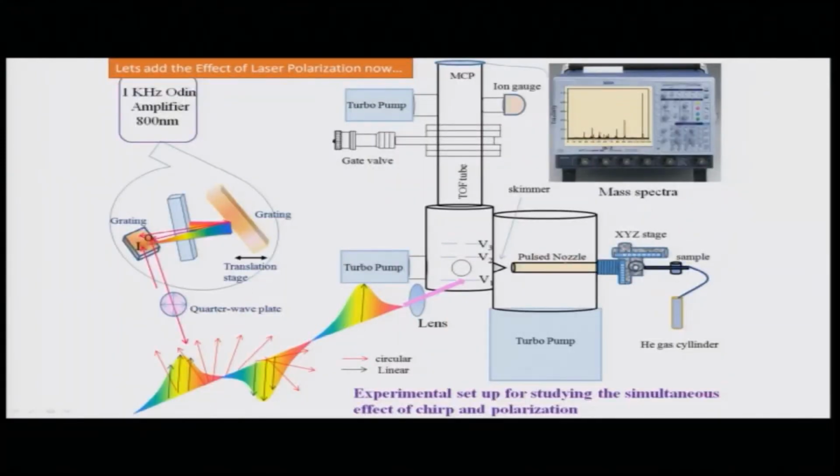This is the idea behind adding the polarization and the chirp simultaneously in the experiment we have discussed here. It is possible to use both control knobs, which are independent of each other, one acting as an intensity switch and the other more like a frequency switch, for looking at these different fragments.